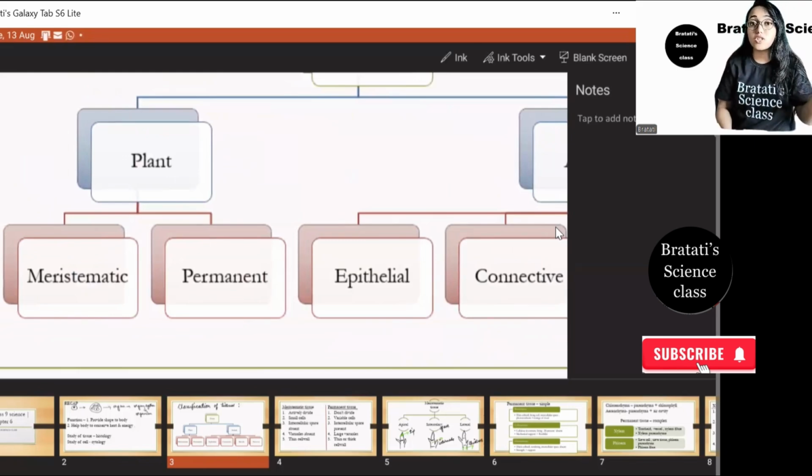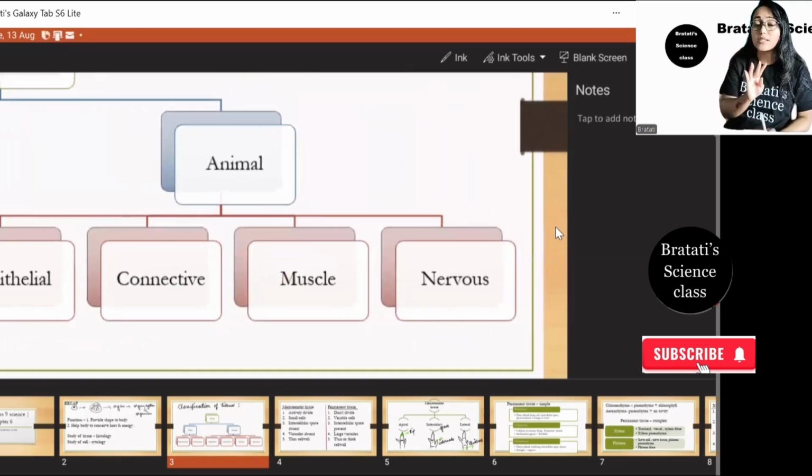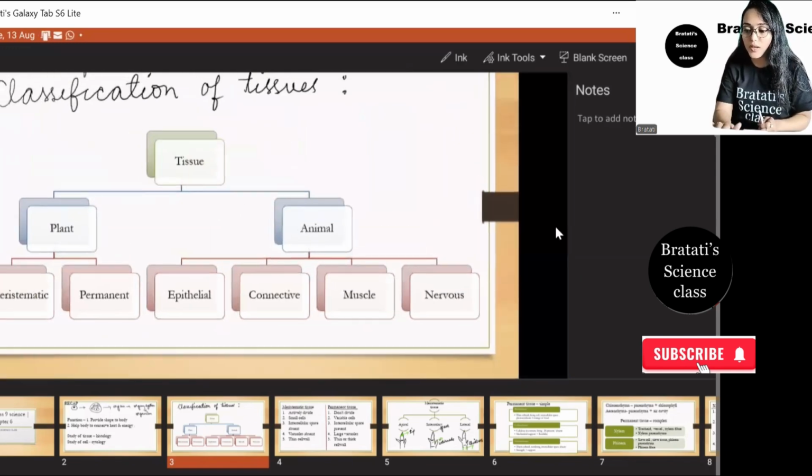The cells in the meristematic tissues can divide rapidly and actively, whereas in the permanent tissues, the cells do not actively divide and they are basically permanent. They rarely die and rejuvenate, right? Animal tissues can be subdivided into four parts: epithelial tissues, connective tissues, muscle tissues, and nervous tissues. All right, so we will go into details one by one.